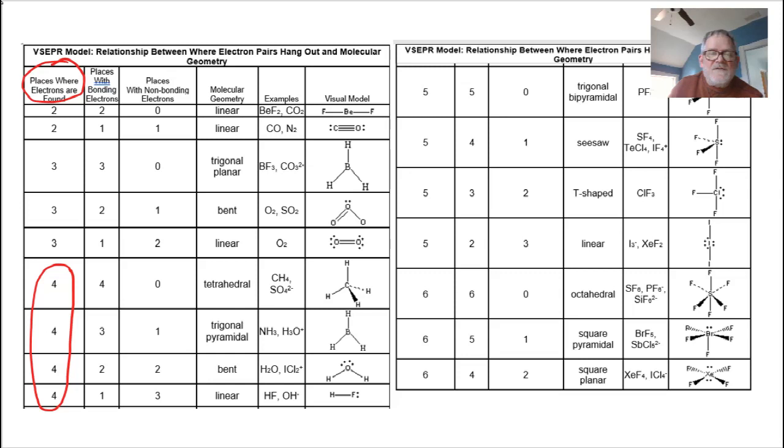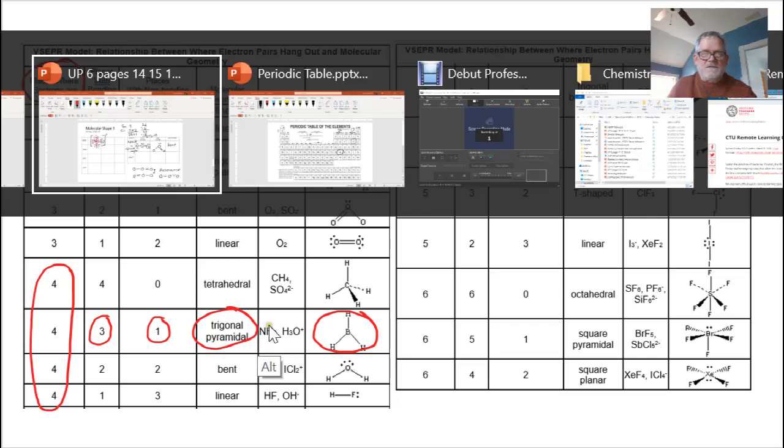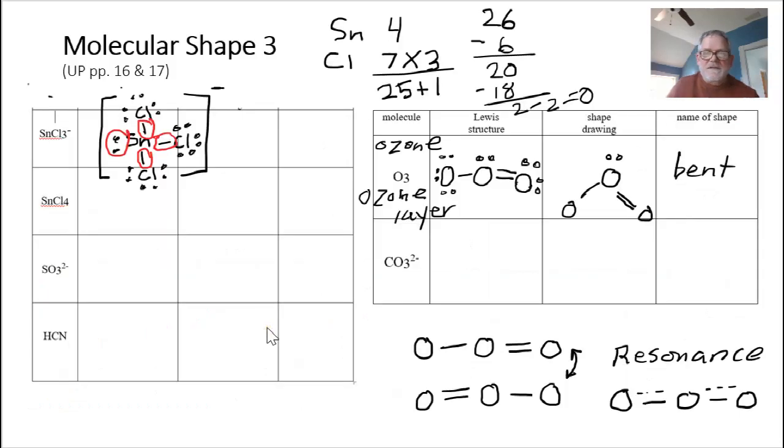Okay, now out of these places, how many are bonding? Well, we had 3 single bonds, and how many are lone pairs? 1. So here is our structure, and here's a shape drawing. So let's go back and finish this off. Okay, so trigonal pyramidal.